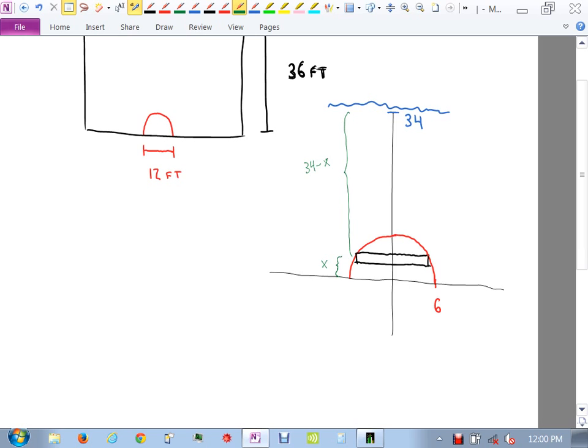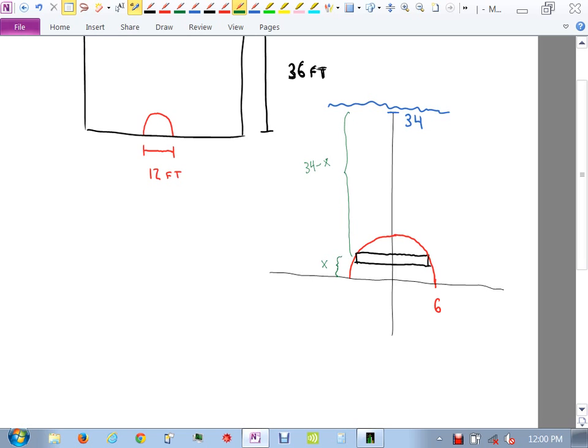How is that different? Well, the other problems, where was our origin? You could have set it up differently, yes. You could have put your origin at the water level, and then you could have measured X down to it. I'm just showing you there's more than one way to set up these problems.